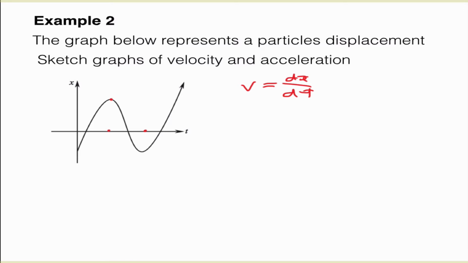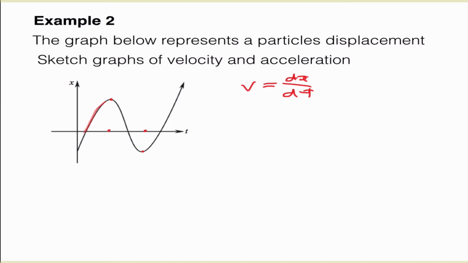That was our turning point there, and that was our turning point there. If we look at where I've highlighted red on that graph and think about the slopes of the tangents there, they're getting closer and closer to zero at the turning point, obviously, and the further we go away from the turning point, the more and more positive they get. So a tangent at any point to that curve there is getting steeper and steeper.